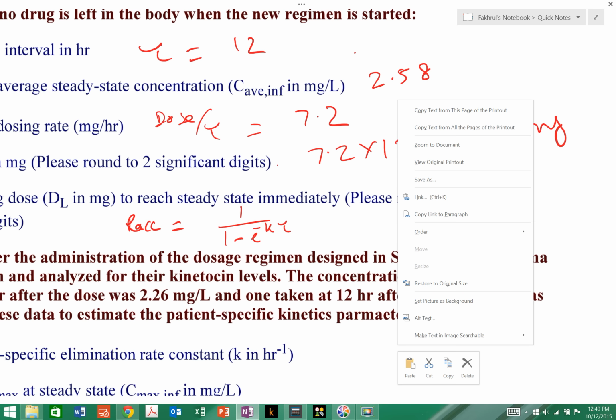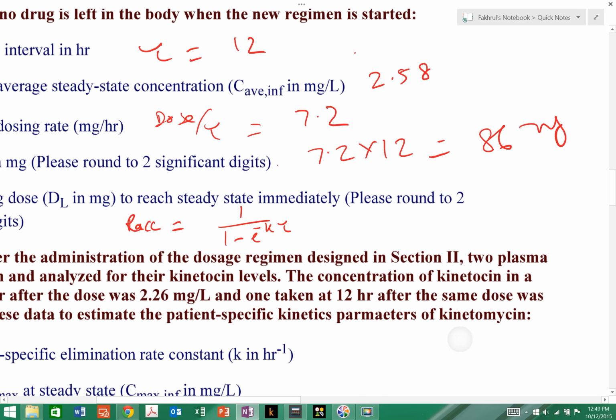Our new tau is 12, so 1 minus e to the negative 0.044 times 12. This should give you the new RSCC. The new RSCC is going to be 2.44.